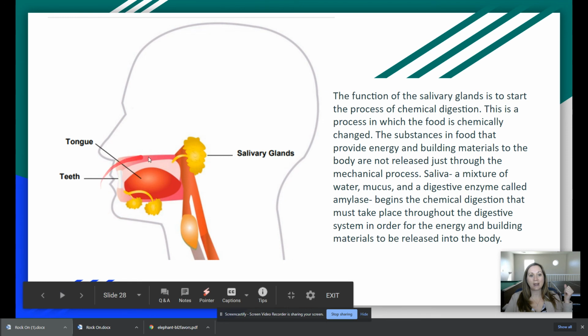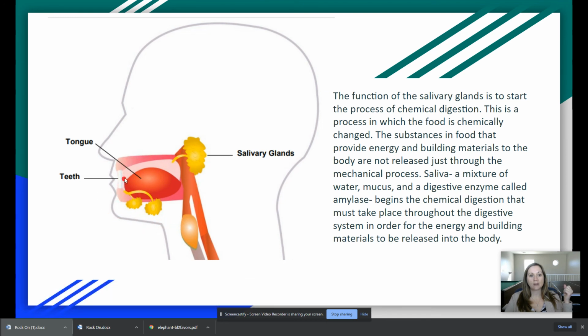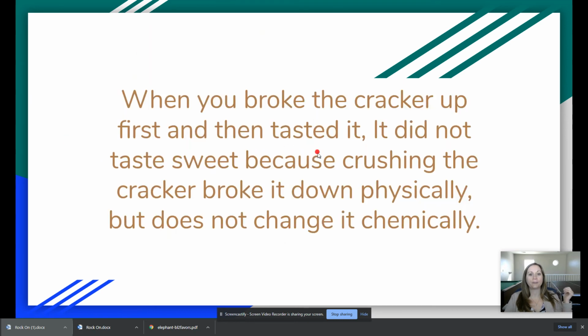So breaking down your food actually starts right in your mouth with the physical change of chewing, which breaks it up, and then the salivary glands start to cause this chemical change in your food. So when we broke the cracker up first and then tasted it, it did not taste sweet because crushing the cracker broke it down physically, but does not change it chemically.